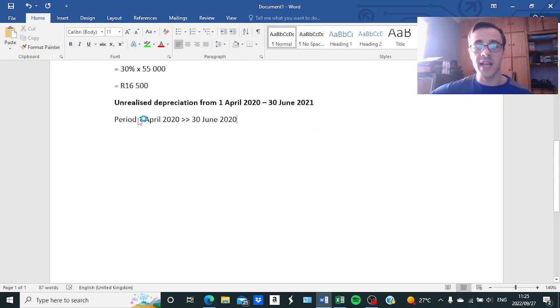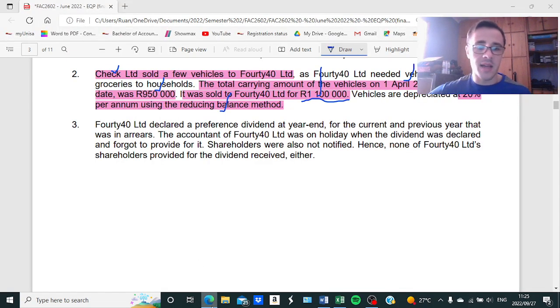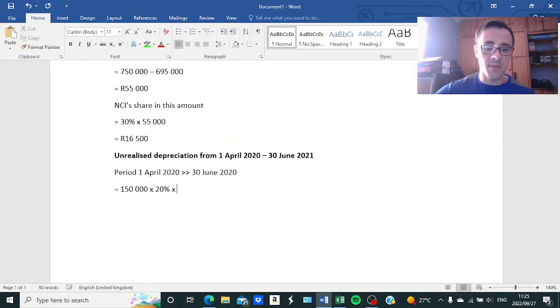So that financial year would have ended on the 30th of June 2020. So the depreciation for that period that we need to eliminate will be taking the unrealized profit of 150,000, multiplying it by the depreciation rate, which is 20% per annum, and multiplying it by the number of months. Now, from the 1st of April to the 30th of June for the same year would be April, May, and June, so a total of 3 months.